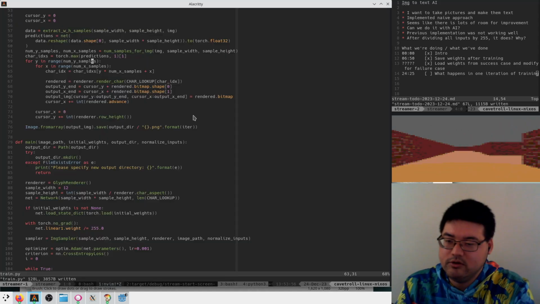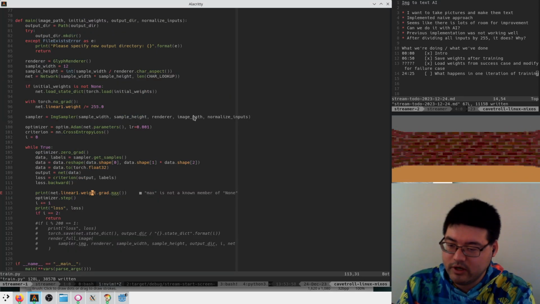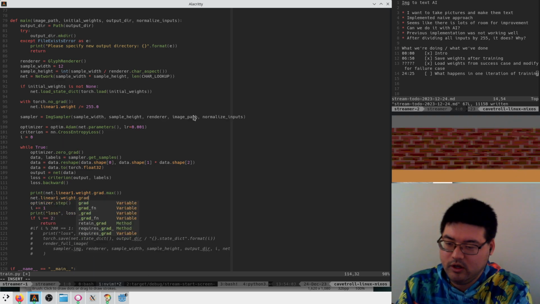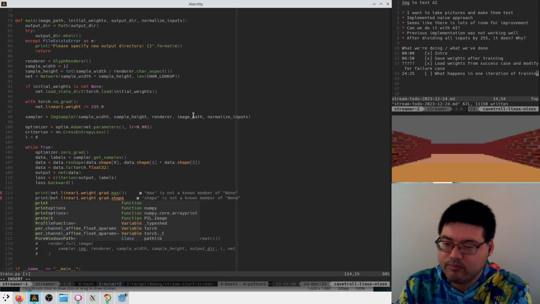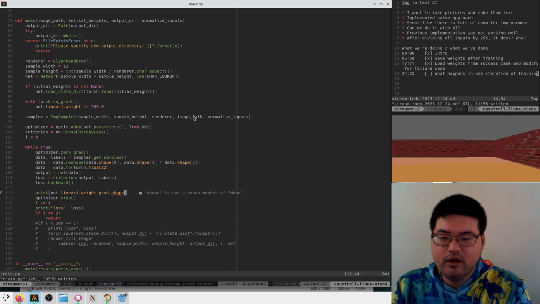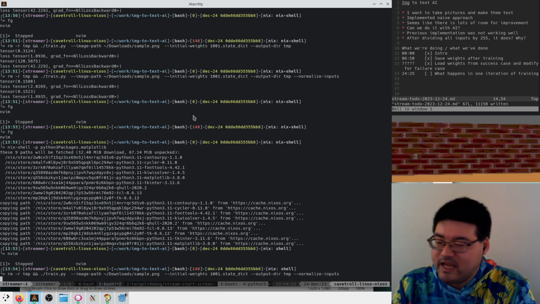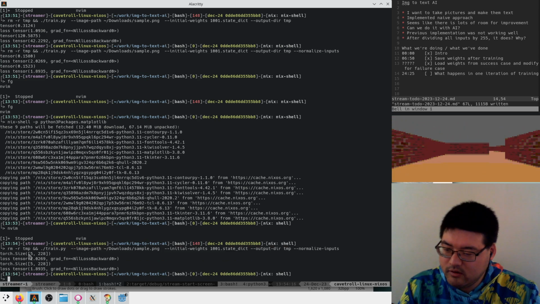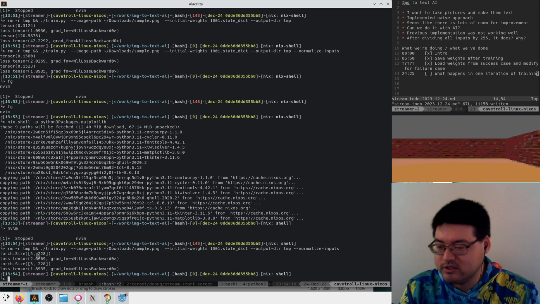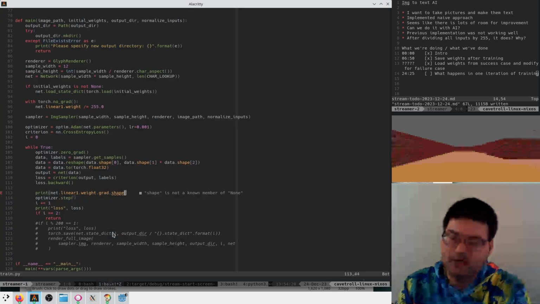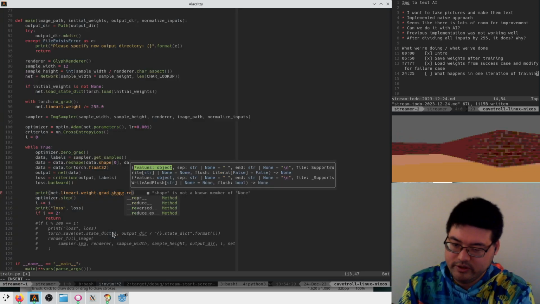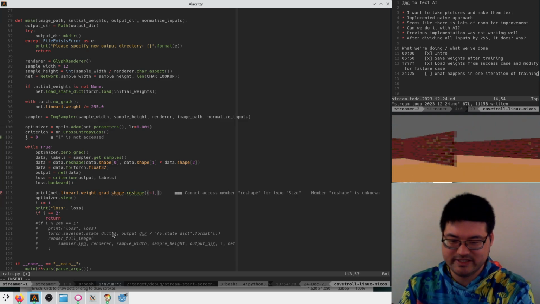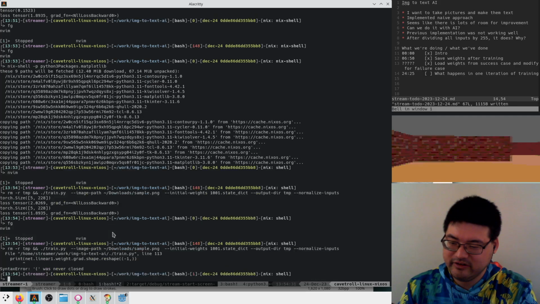And I think you can just say we have our gradients. Wait, grad. What's its shape? It's probably something related to the number of samples and the number of inputs. So it has 228 for each of the 5 outputs, right? So for each pixel, for each output, it has a gradient. And so we can just say reshape -1. Is this legal?